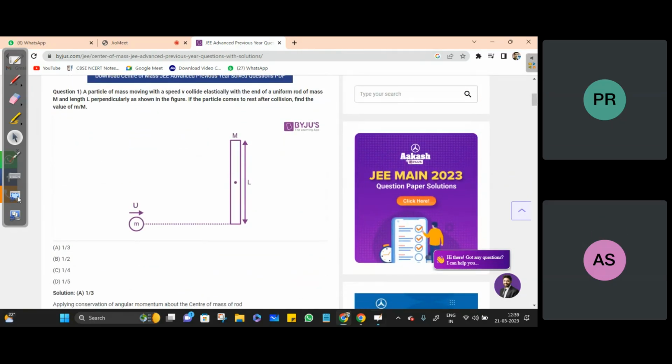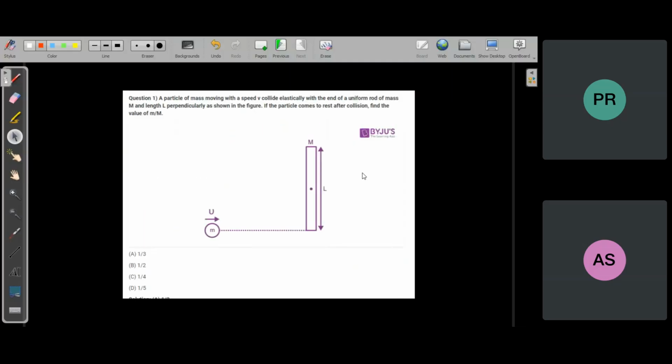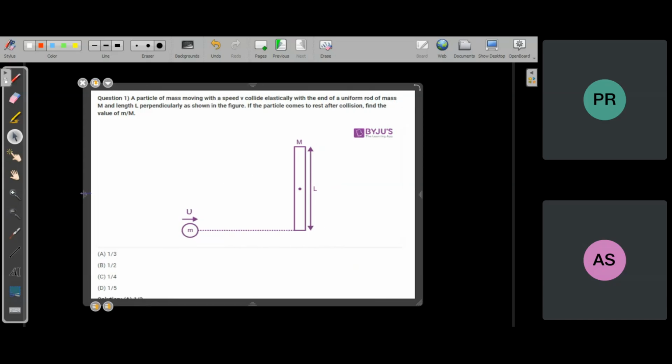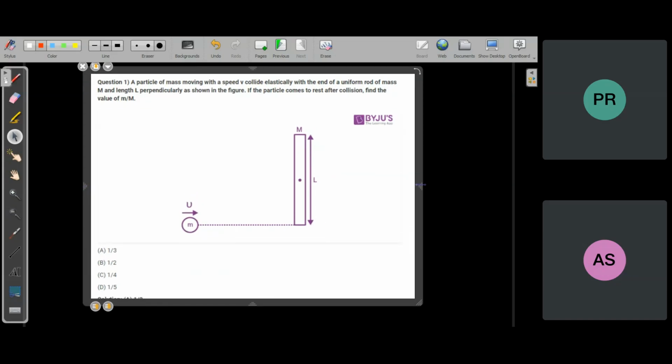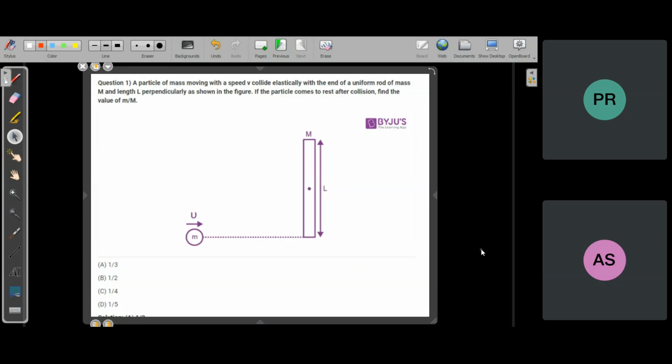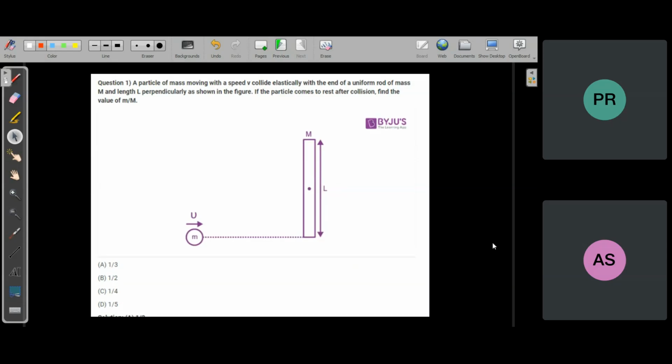Now you can try this question. Here you have to understand that the whole diagram is in the horizontal plane.